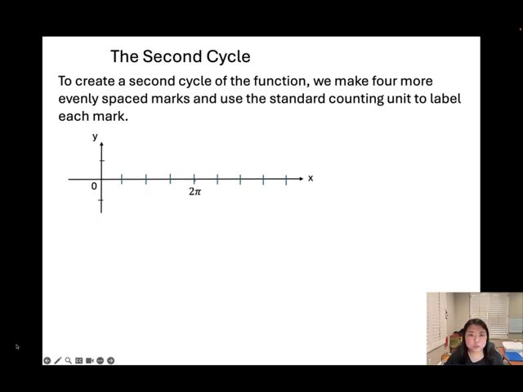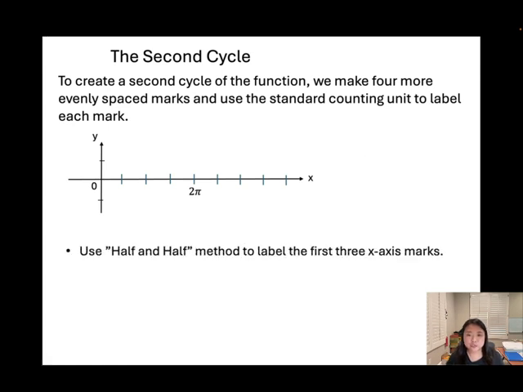So let's say the 2 pi, that will be my 1 period. We're going to use the half and half method to label the first 3 x marks. So 2 pi, we find the half period, so we divide it by 2. So that will be pi here. And then find the quarter period, divided by 2 again. And then find the 3/4 period, so we times 3 here.